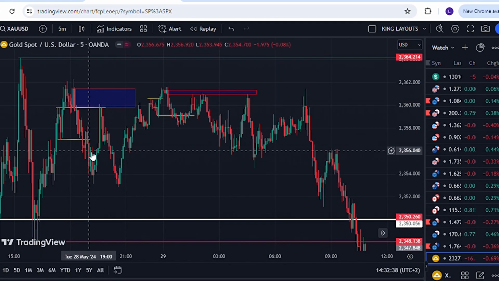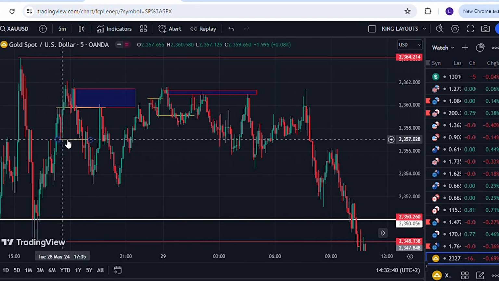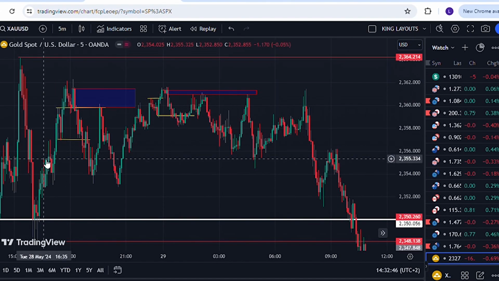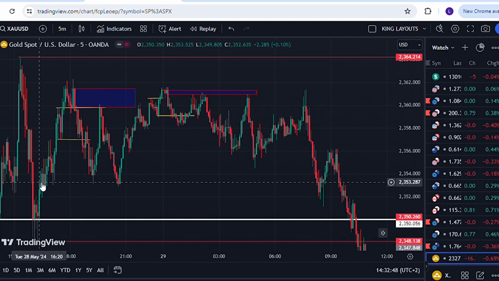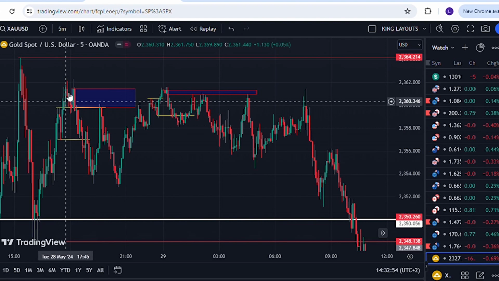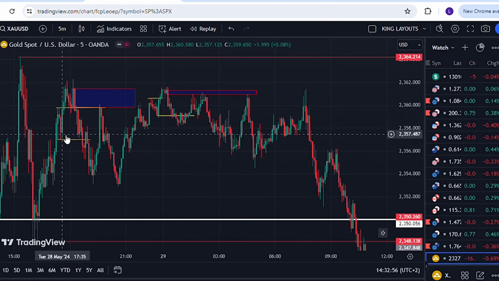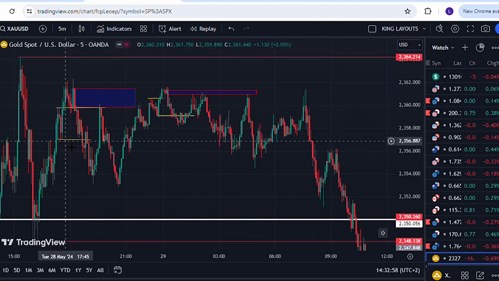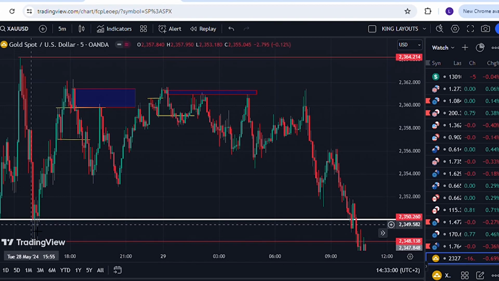There was this drastic movement down, and it broke this higher low. And if you know your trends very well, you know that you are not supposed to break a higher low if you're on an uptrend. If you break a higher low, it is change of structure, so the market is changing directions.